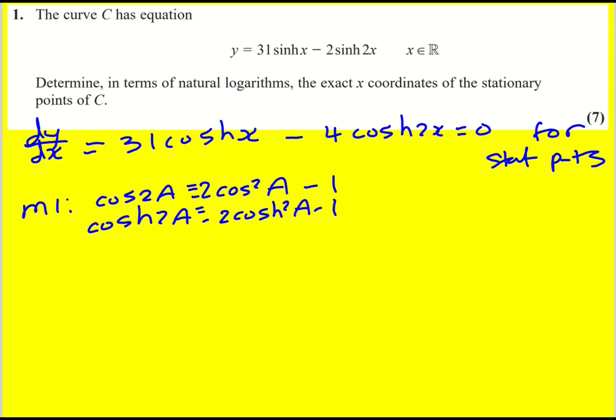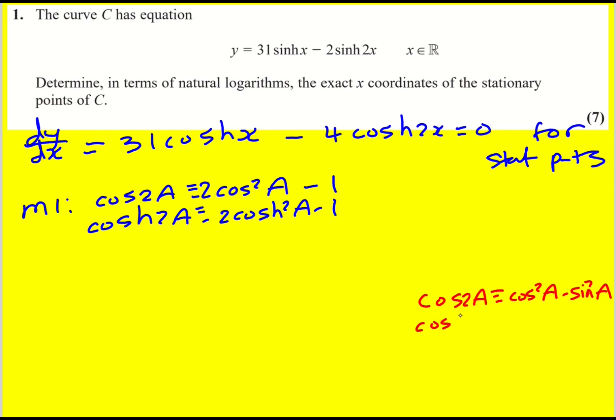I'm just going to very quickly derive it in case you're wondering where that came from. Well, you're going to have to know or derive that cos 2a is cos squared a minus sine squared a. This is again non-hyperbolic.